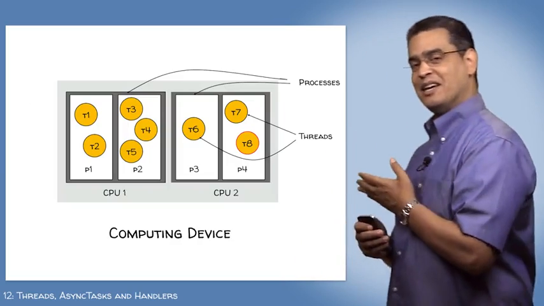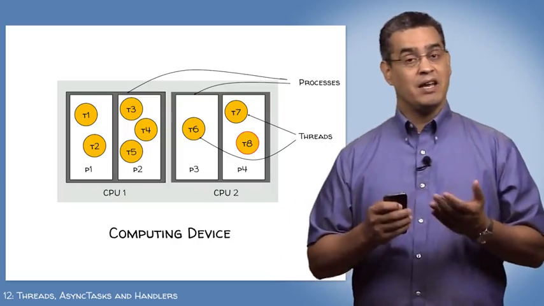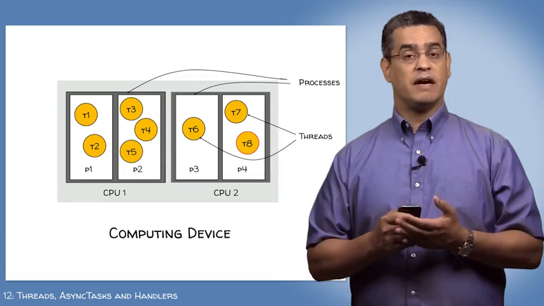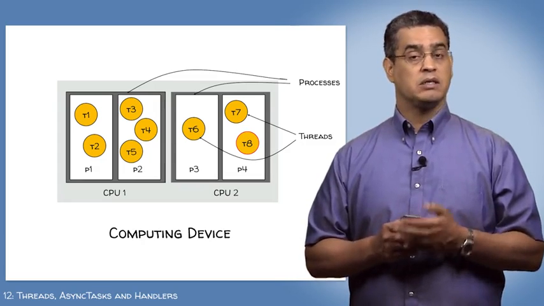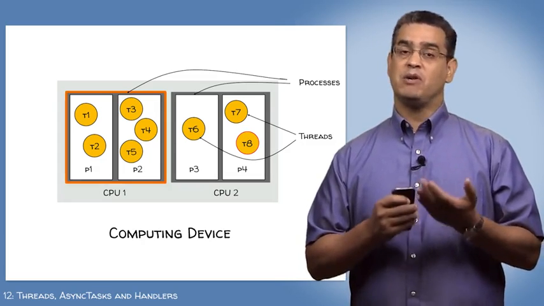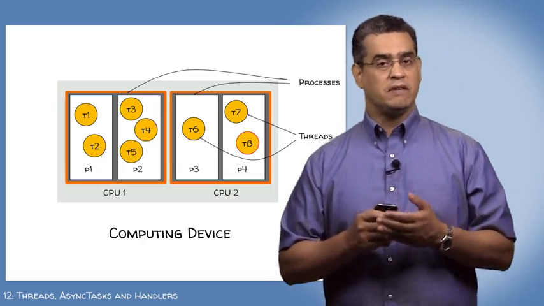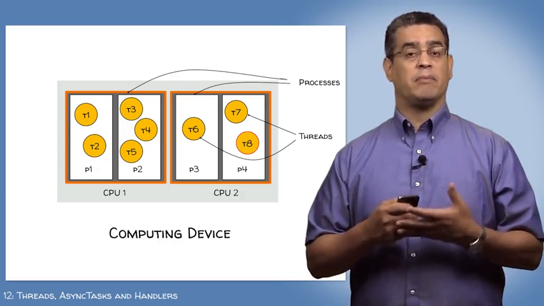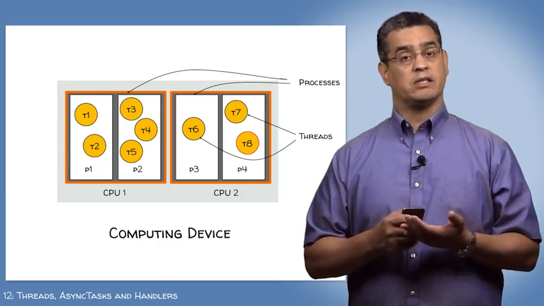Now this graphic depicts these concepts, and here I'm showing a hypothetical computing device. This device has two CPUs, CPU 1 and CPU 2. Each of these CPUs can carry out the instructions that make up the applications running on your device.